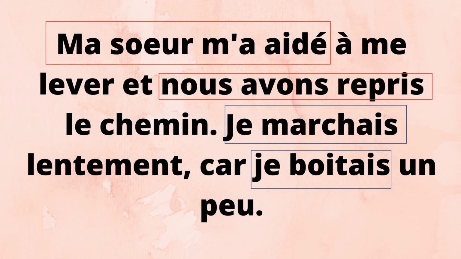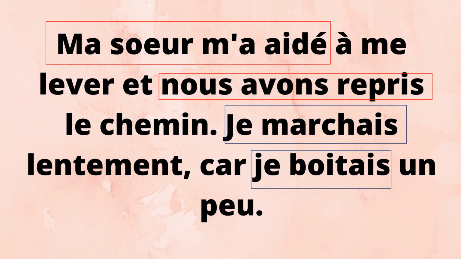Ma sœur m'a aidé. So here we have the passé composé used. Aider is not part of the Mrs. Vandertramp verbs. It is also not a reflexive verb. Therefore, we have to use avoir as the helping verb. What does that mean?